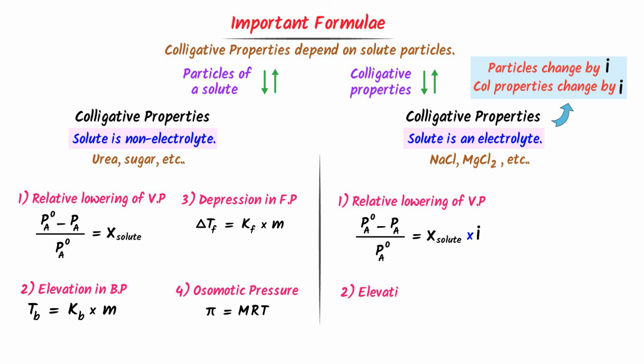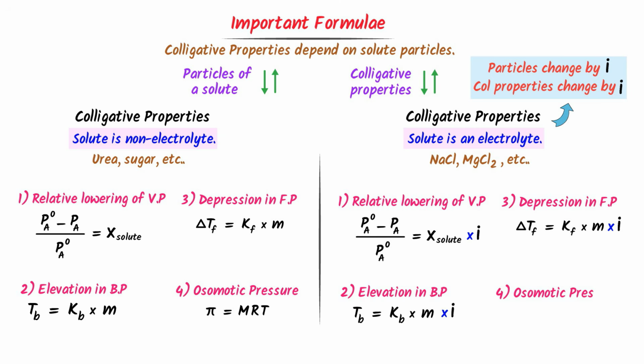Thus all these colligative properties change by the Van't Hoff factor i. I mean, I multiply all these formulae by the Van't Hoff factor i. Thus remember these two types of colligative properties in case of non-electrolyte solution and electrolyte solution.